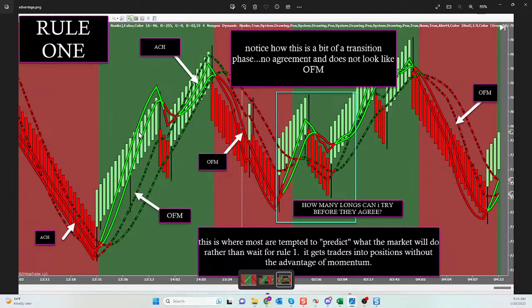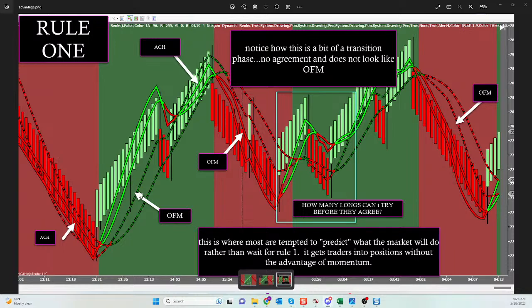And here's rule one. This is my best whole synopsis. And this was crude oil, I believe, one day. You'll notice weak large triggers right before the turning point, right? Losing the advantage of momentum. The market turns, and guys, this is without the benefit of Fibonacci. This is just looking at trigger lines.